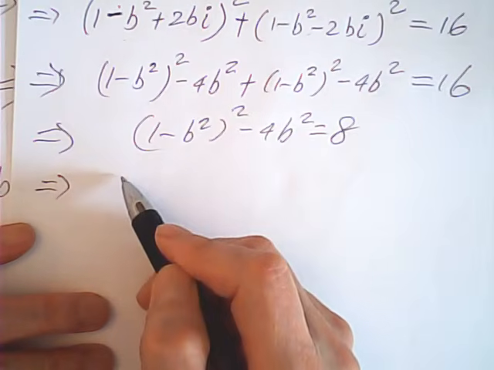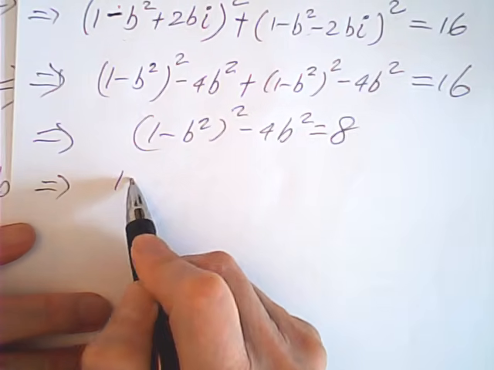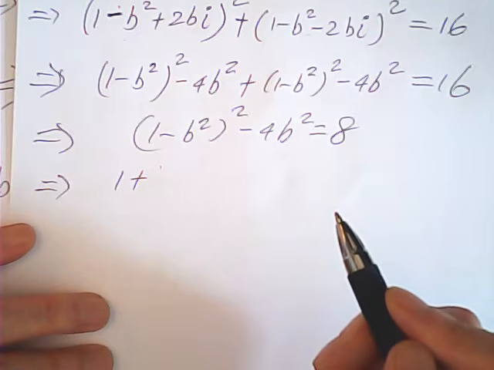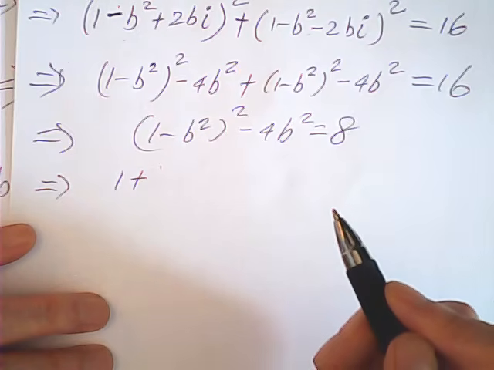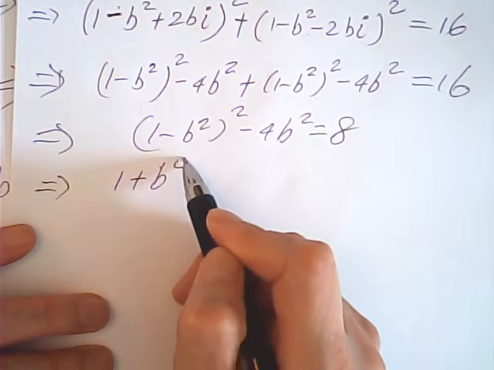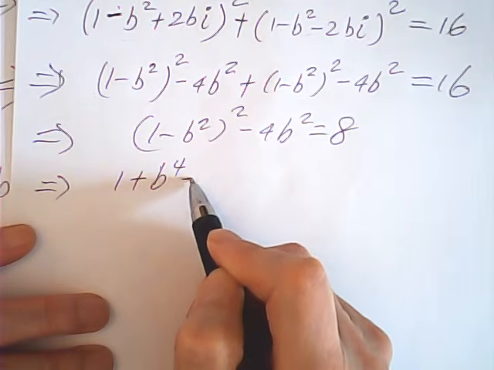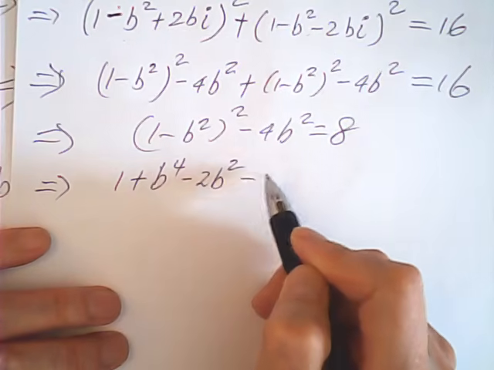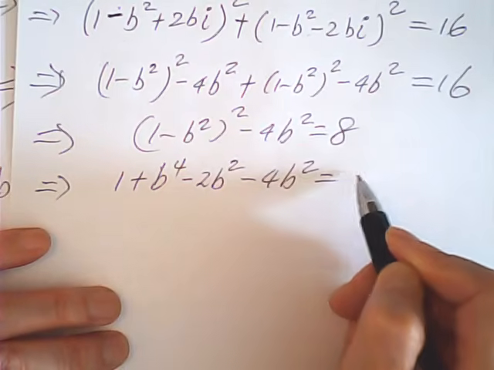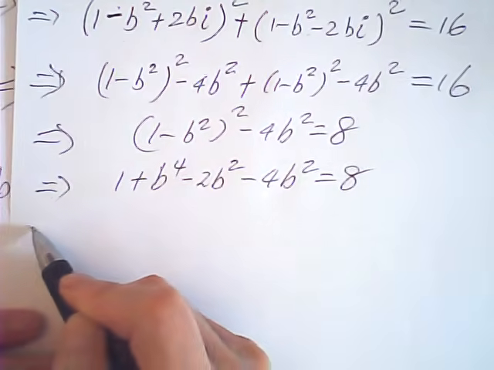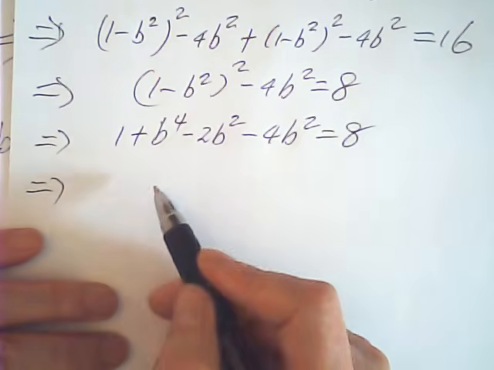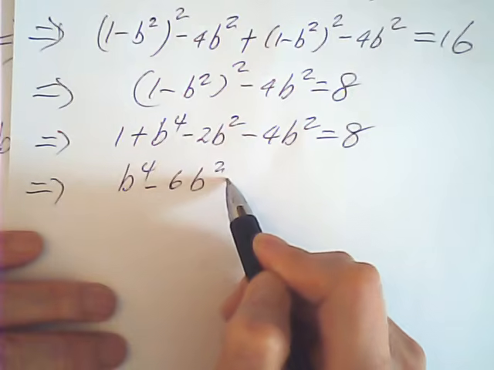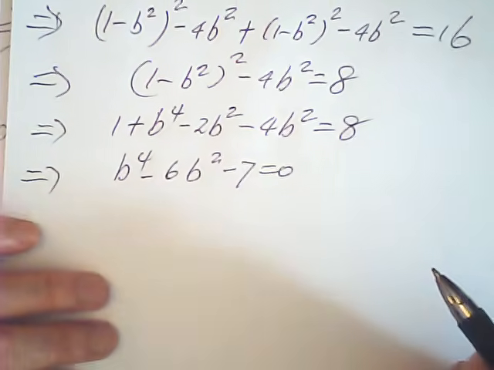This means that 1 plus B fourth, minus 2B square minus 4B square equals 8. So simple equation: B fourth minus 6B square minus 7 equals 0.